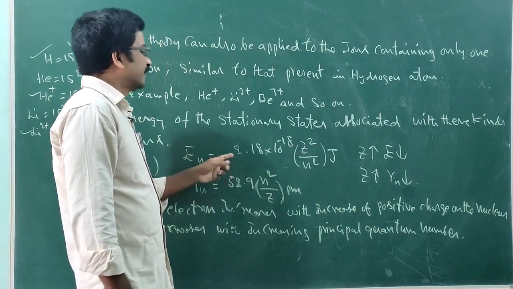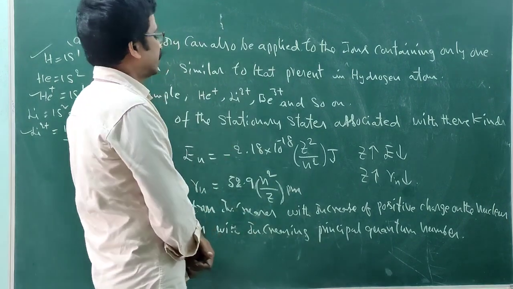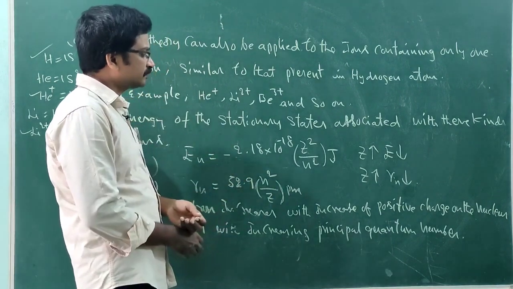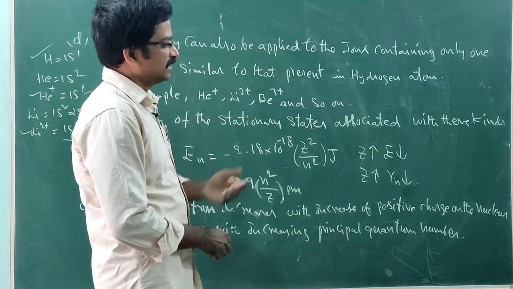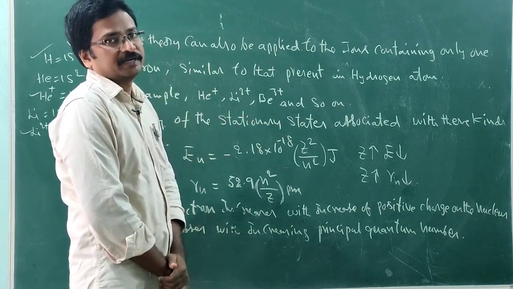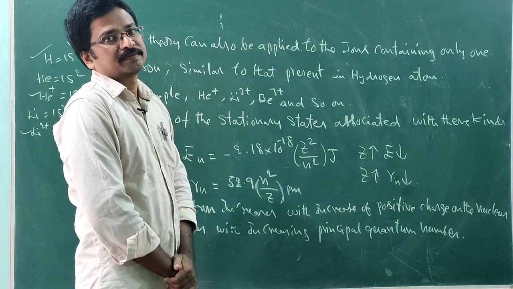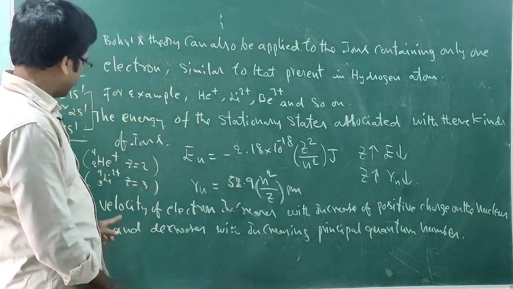Because there is a negative sign, as Z increases, energy decreases, and as Z increases, radius decreases. We can understand these 2 points from point D.